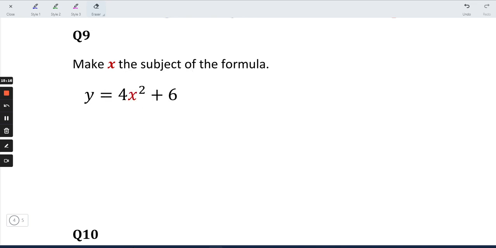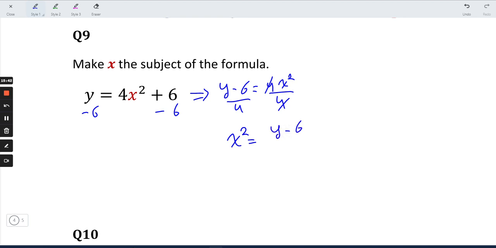So step by step now. First of all, minus 6 from both sides. Here we'll get y minus 6 equals 4x squared. Next step, dividing both sides by 4. We'll get x squared equals y minus 6 over 4, and undo the square by taking the square root of both sides.